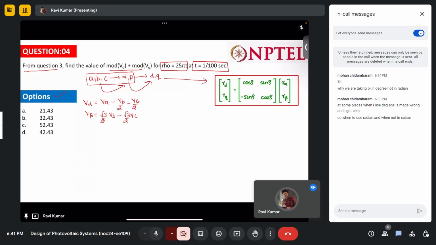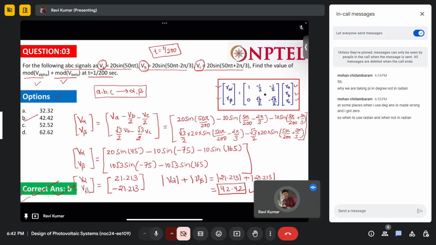So let's find out this V alpha at t equals 1 by 100. From the previous question, it was 20 sine 50 pi t. So if you put t here as 1 by 100, it will be pi by 2.